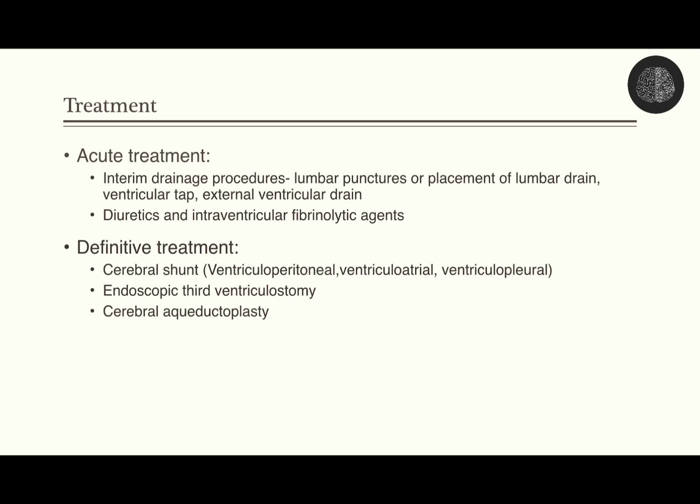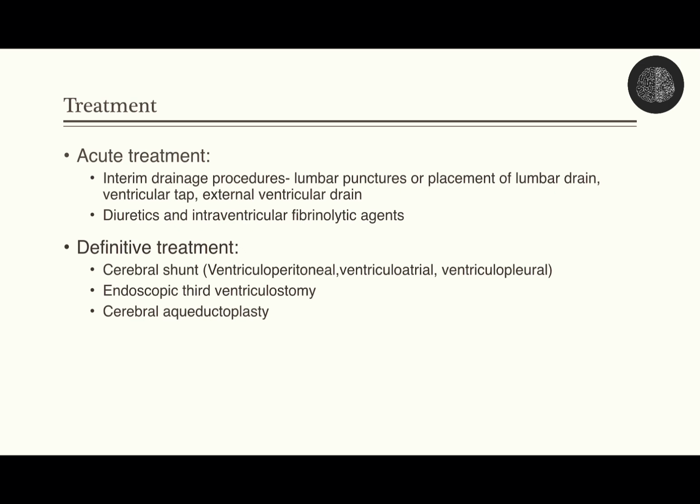The definitive treatment plan includes placing a cerebral shunt. It can either be ventriculoperitoneal, ventriculoatrial, or ventriculopleural. Ventriculoperitoneal shunt is the most common one. And basically, when you're placing a shunt, what you're doing is you're removing the excess CSF or diverting it from the ventricle to a body cavity.